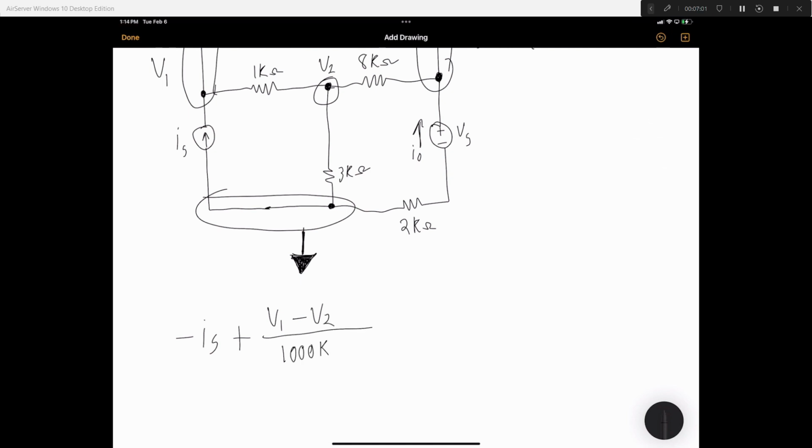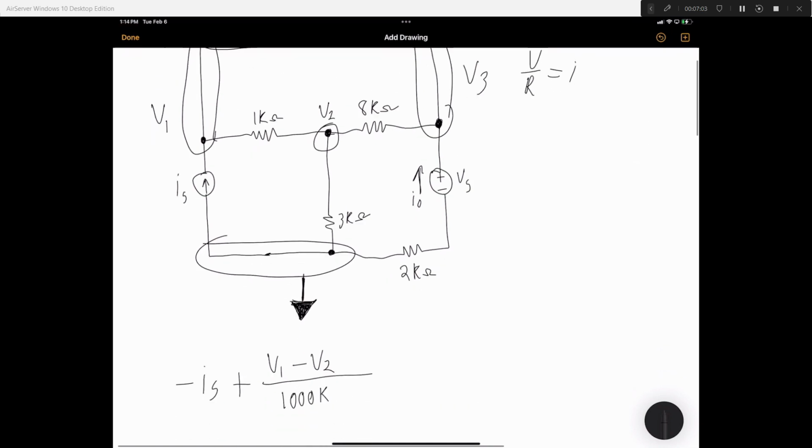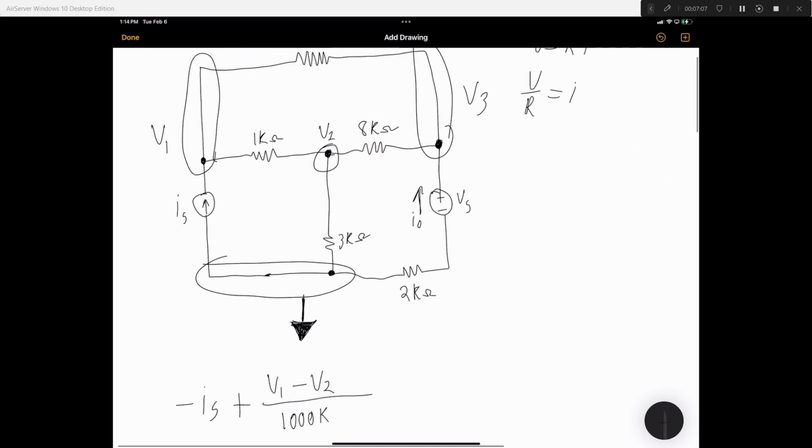V divided by R. Now this may look a little confusing, V1 minus V2. You're saying the current goes from V1 to V2, which points the current this way. That's the voltage drop over that resistor, and the voltage drop divided by R gives you that current. The voltage drop is V1 minus V2.